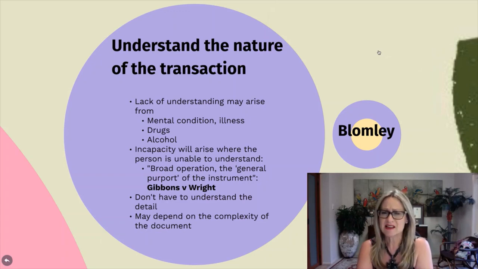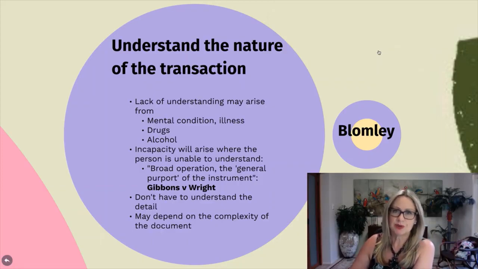It doesn't say a whole lot, or if anything, about a very famous case of alcohol abuse in which mental incapacity was argued. And that case is Blomley and Ryan.